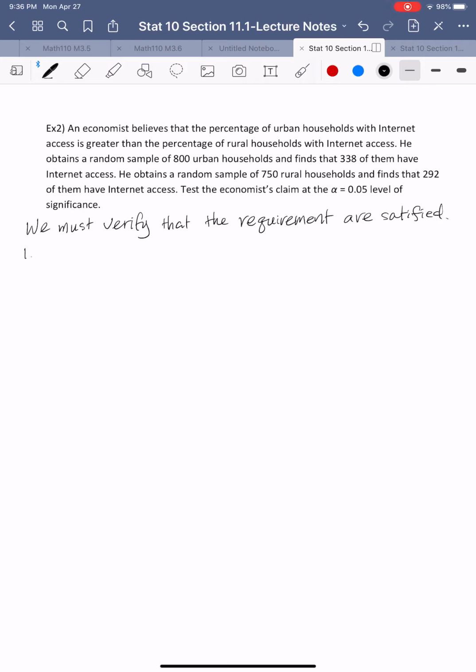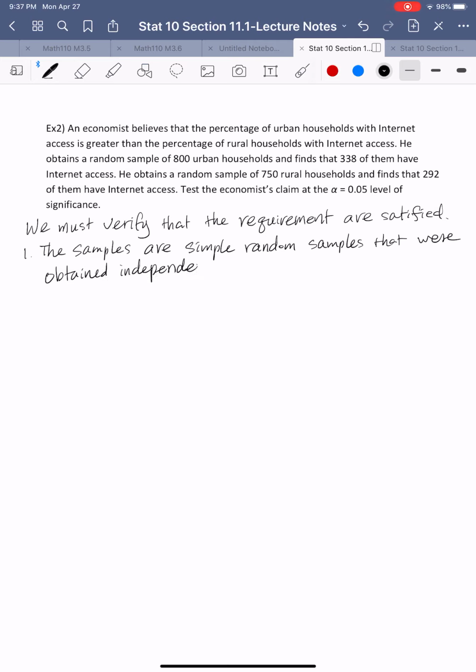The first one is that the samples are simple random samples that were obtained independently, which we have to believe that it is.